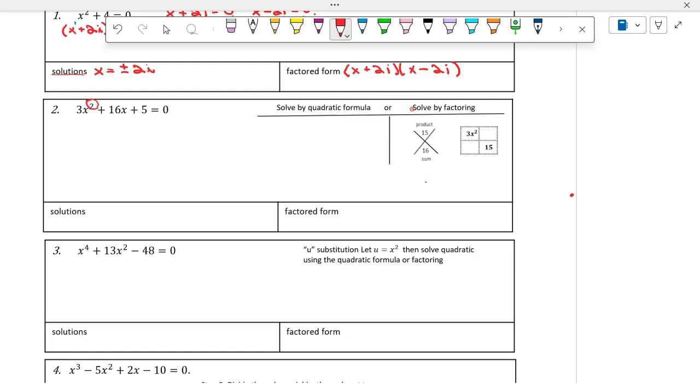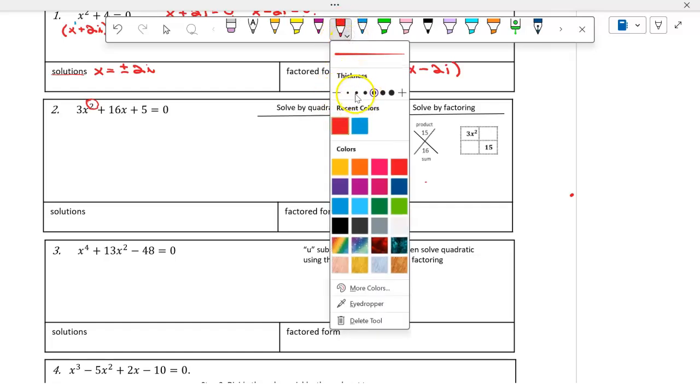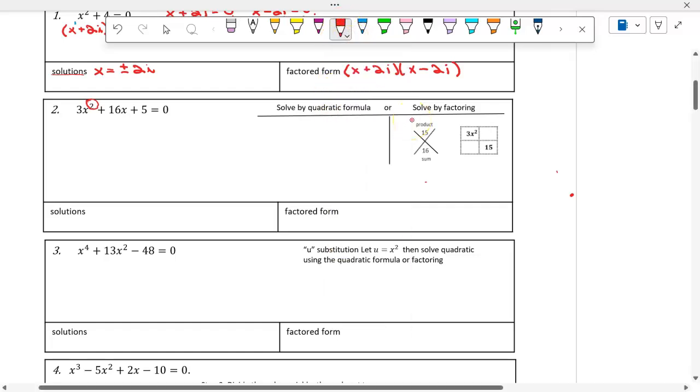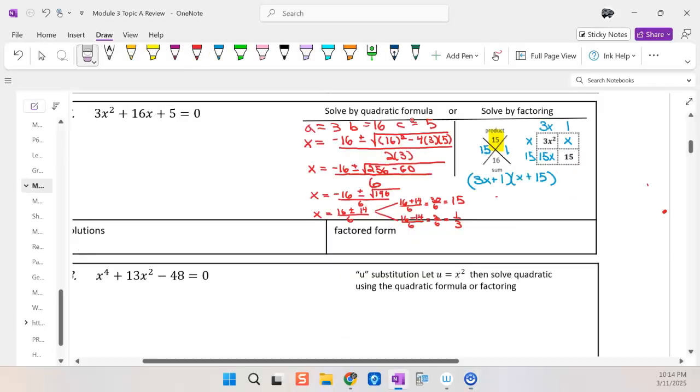If we were going to use the quadratic formula here, my a value in my formula is going to be 3. So a is 3, b is 16, and c is 5.